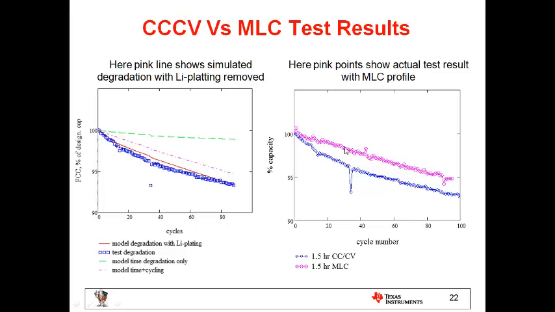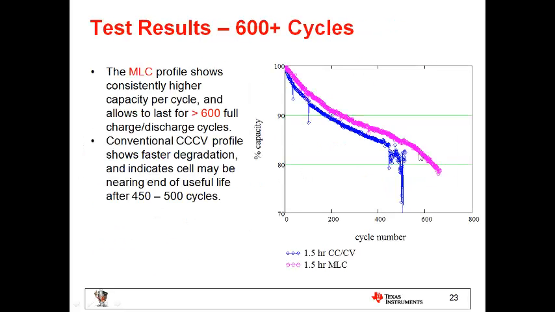The pink dots here correspond to the actual experimental data on MLC profile for the 1.5-hour case. And you can see that it very closely coincides with the theoretical prediction that was done actually long before the test was performed. And that test has continued after that for over 600 cycles.